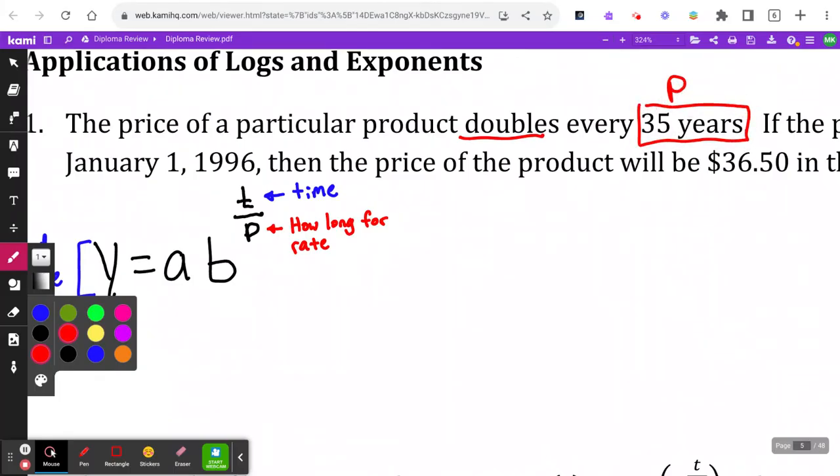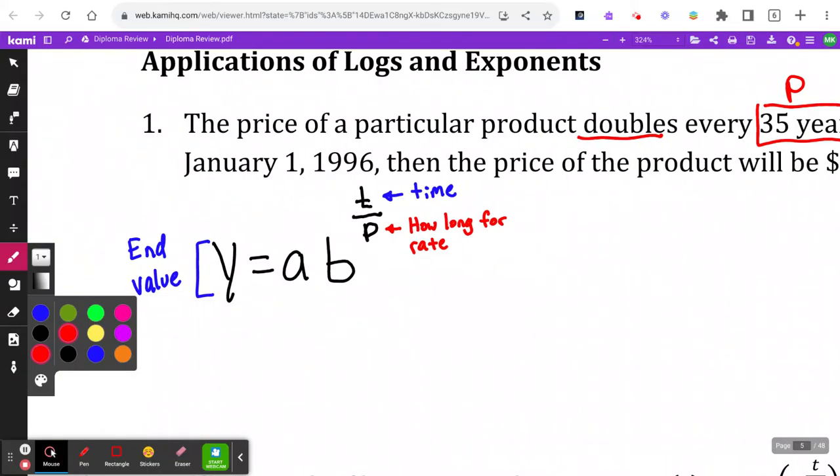There's my p-value, because it would take 35 years for the rate to actually happen. Your a value is your starting value. Your b value is 1 plus or minus your rate.